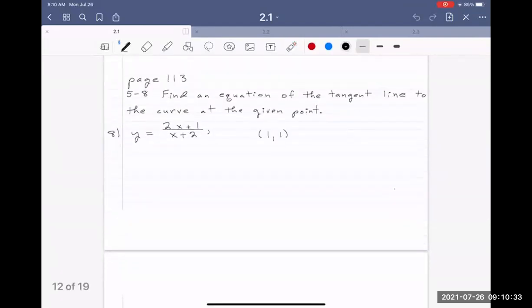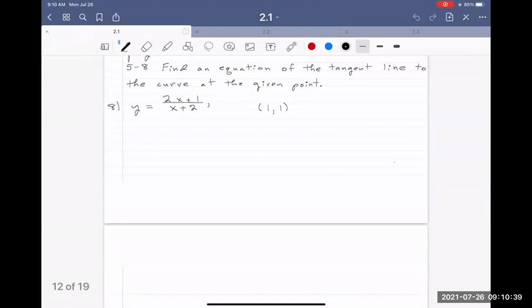First, let's try to find the slope of the tangent line. I have a point on the line. If I knew the slope of the line, then I could find its equation. So let's try to find the slope of the tangent line.